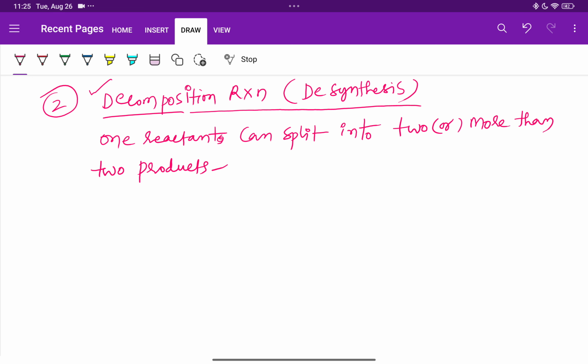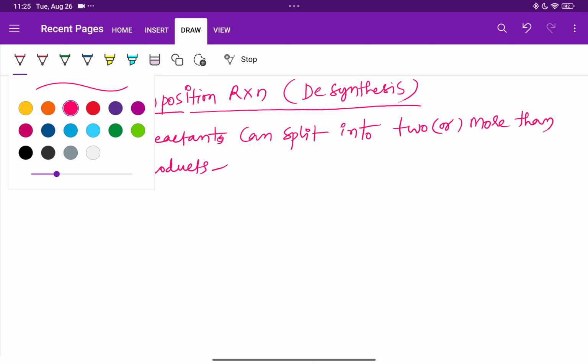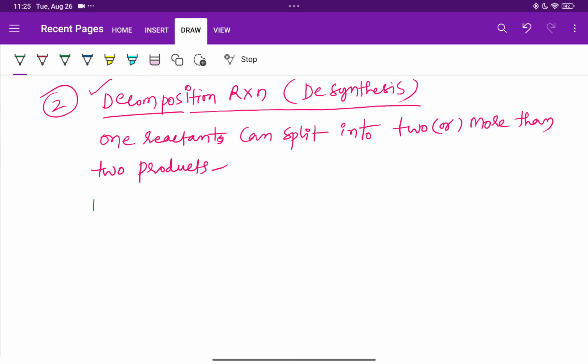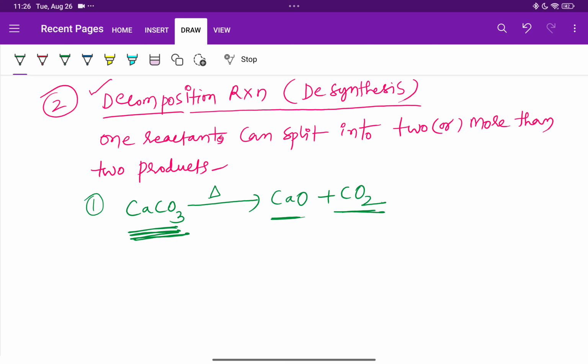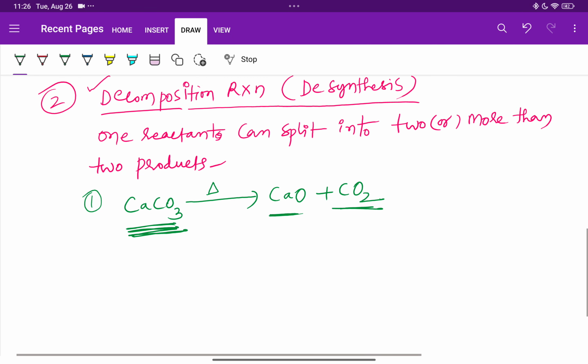Example, a very simple example I am going to take. First one, CaCO3. I have taken calcium carbonate and I am heating. Then it is going to decompose into calcium oxide plus carbon dioxide. So one reactant splits into two products. It is the meaning of decomposition reaction.